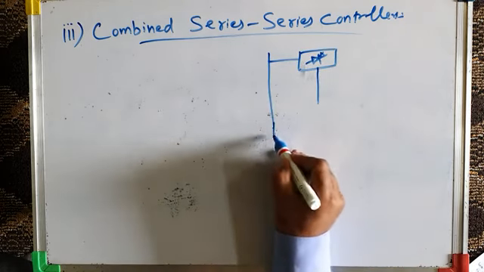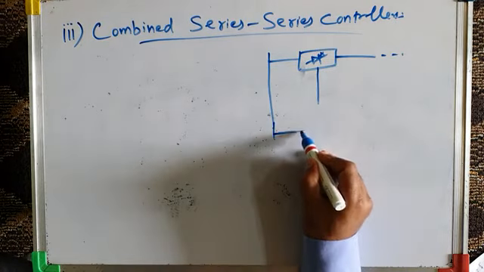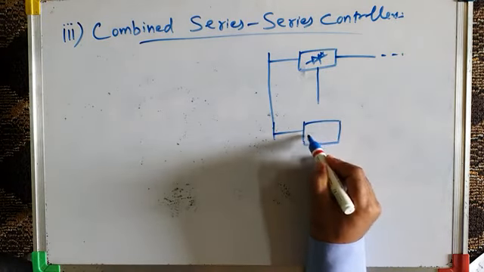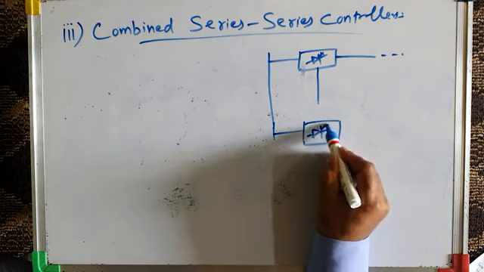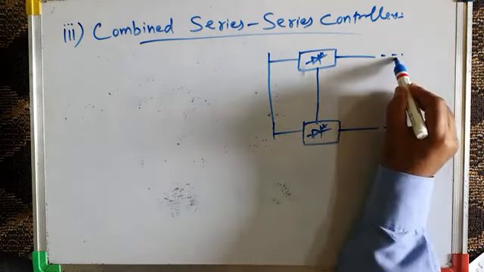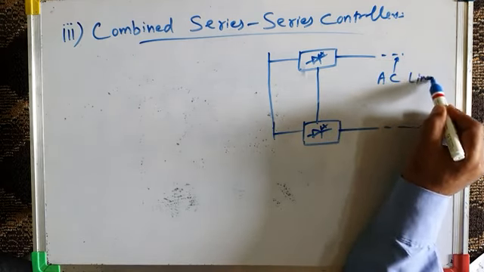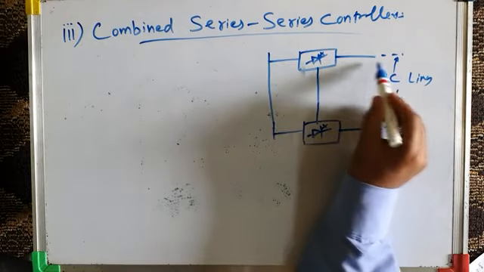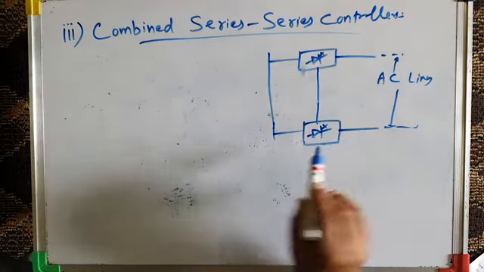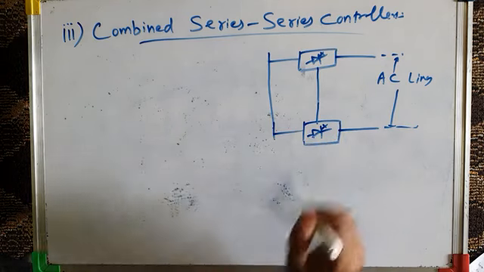And then another, this is one line. Another series controller is here. So what are these two? These two are lines, AC lines. I will write here AC lines. So in series with this AC line, we have one series controller, and in series with another parallel AC transmission line, we have another series controller.